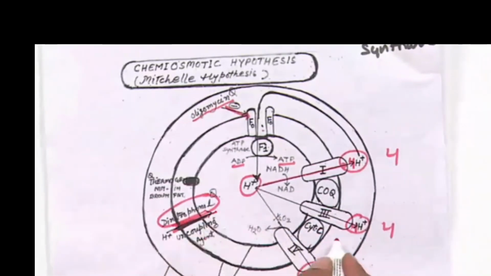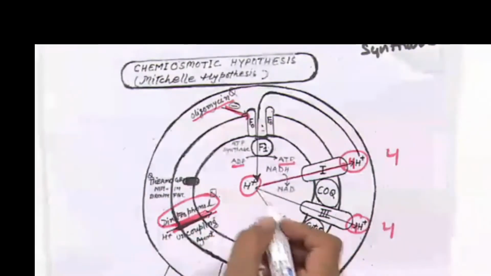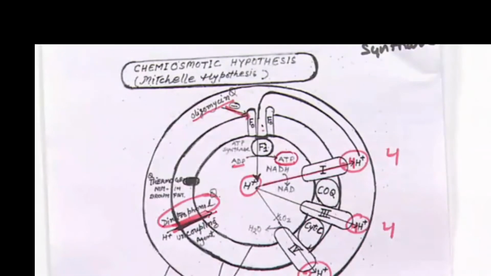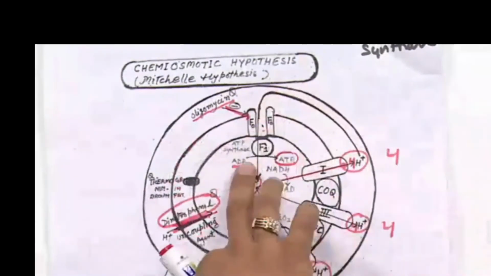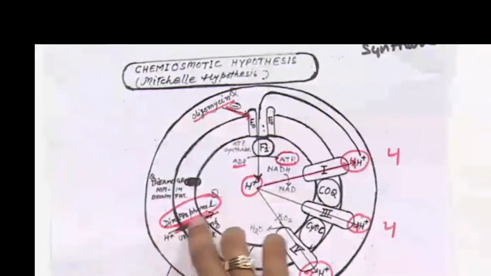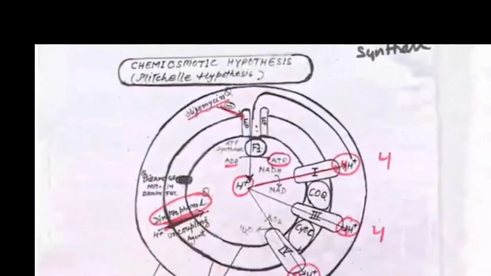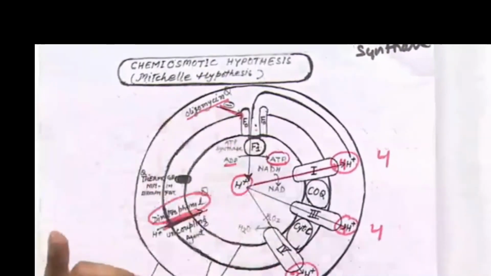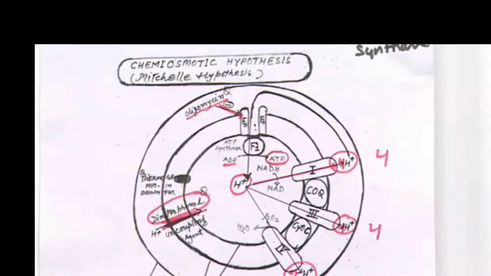Yes, these 10 H+ will leak via this membrane and are not going to produce 2.5 ATP. Yes, we know that when 4 H+ pass through this, they produce 1 ATP. But if these 4 H+ pass through this, means from this leakage or from this damaged inner mitochondrial membrane, they are not going to produce ATP. And this is called uncoupling. Okay.